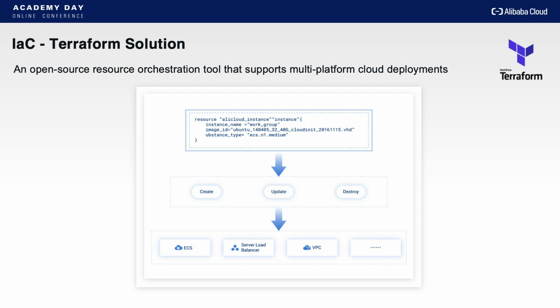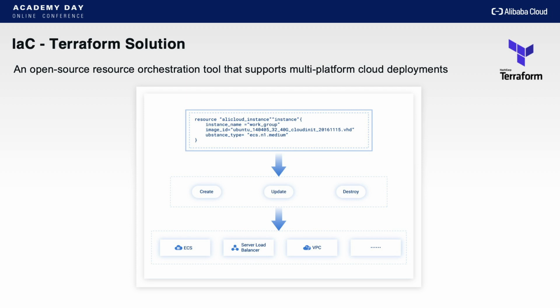This solution uses Terraform to implement automated operation and maintenance management for Alibaba Cloud infrastructure. The write, plan, create infrastructure as code are used to manage the infrastructure of the Alibaba Cloud computing platform, and a template is used to define the lifecycle of infrastructure from creation, update, to destruction.